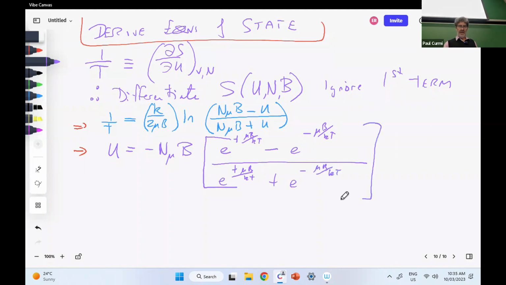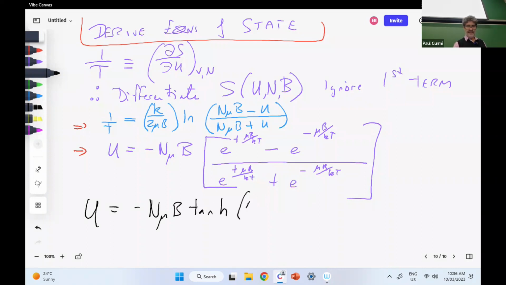Anyone recognize that? You don't have to, but what kind of function is it? It's a hyperbolic trig function. So U is equal to minus N mu B hyperbolic tangent of mu B over kT.